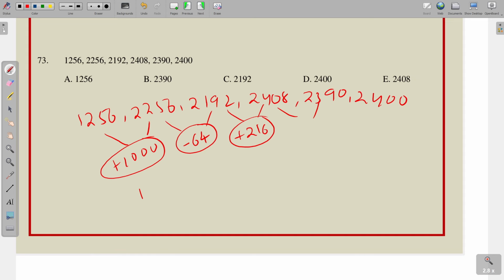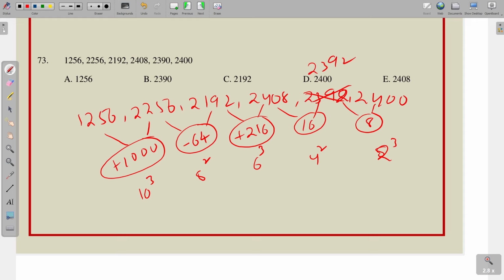Next, it is 10 cube, 8 square, 6 cube, so the next one is 4 square, it is 16. Next one is 2 cube, it is 8. So this one is the wrong answer. The right answer is 2392. This is the wrong number for this series. For this series, it is addition, this one is subtraction and this one is addition.